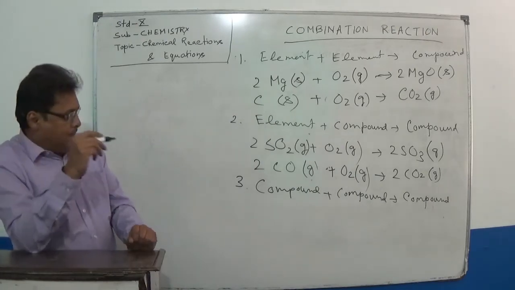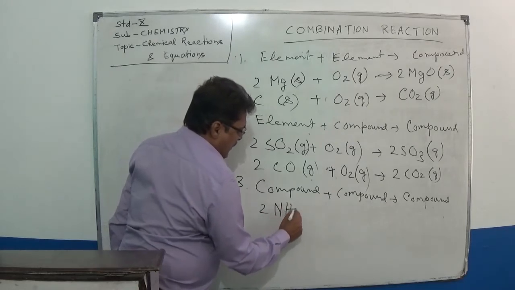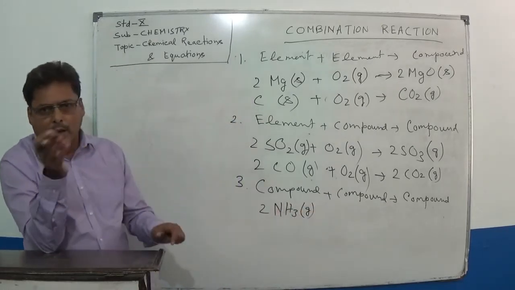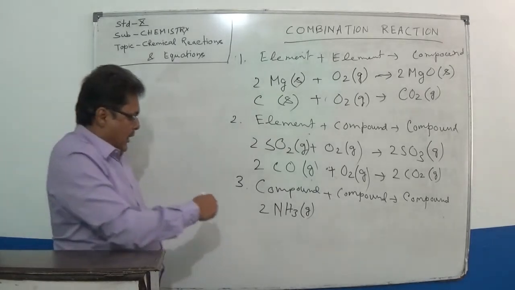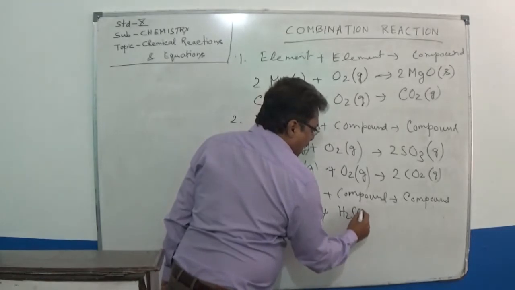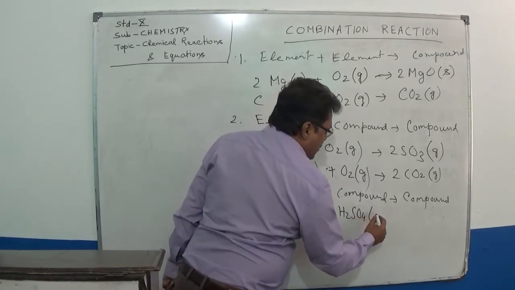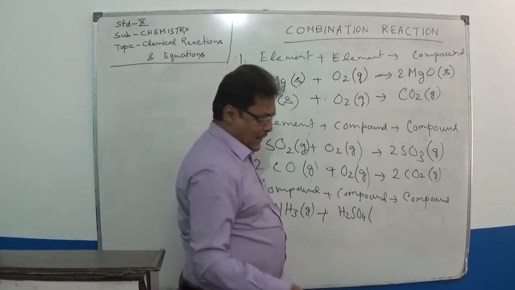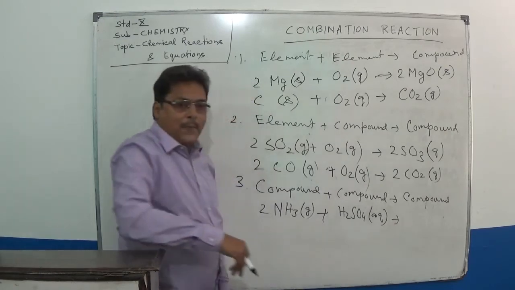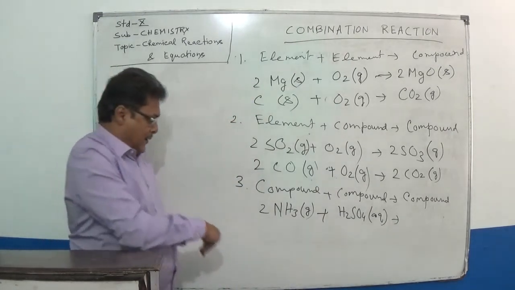If we combine, say, ammonia gas, NH3, we had learned previously that it is ammonia gas, and react it with aqueous solution of H2SO4, that is actually diluted sulfuric acid, what will happen? It will result in ammonium sulfate.